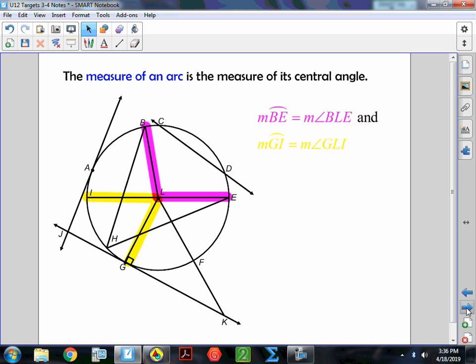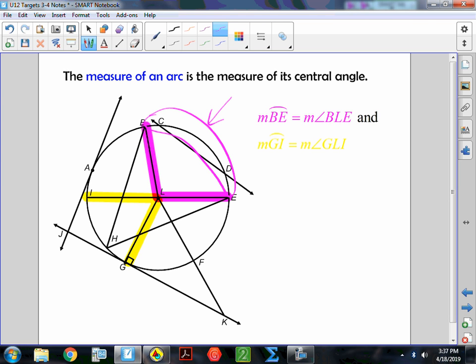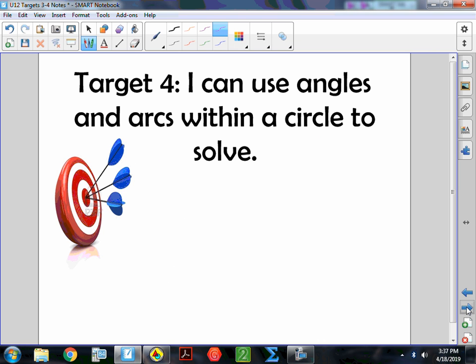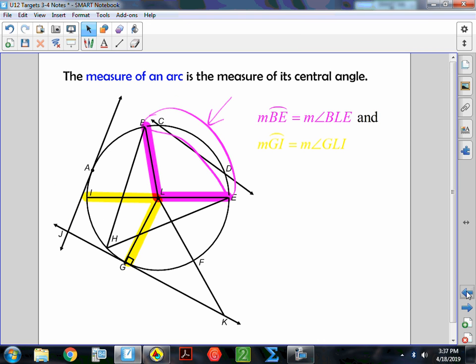It shows us here, the yellow is really hard to see, but the measure of arc BE in pink is the same as the measure of angle BLE. So that's target 3.